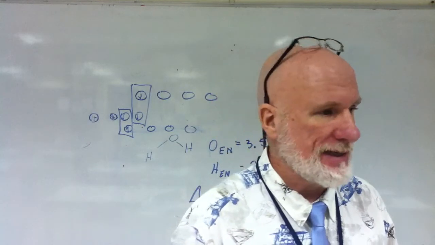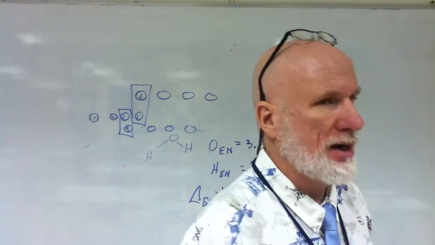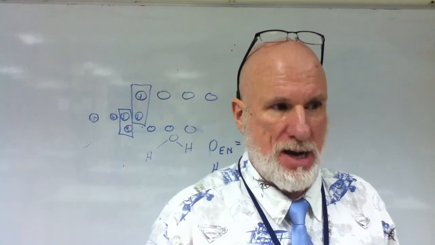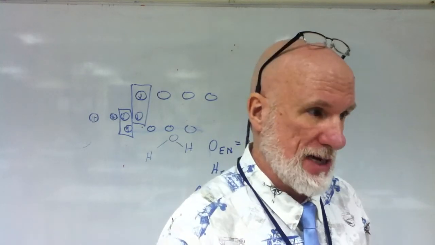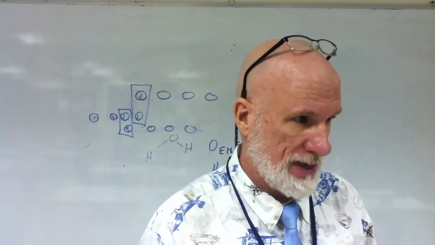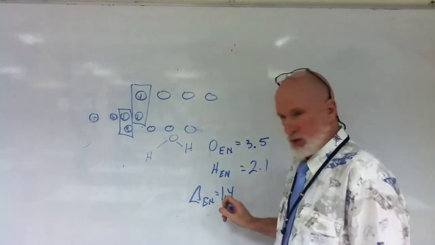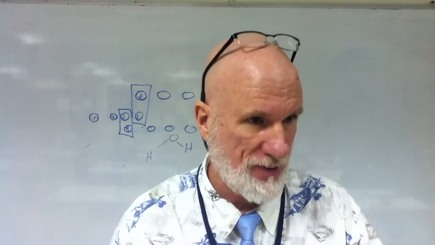Well, the point I'm trying to get to is you can determine whether a bond is covalent or ionic based upon your experience. For instance, you know that sodium chloride is ionic, correct? You know that water is covalent, correct? We know that water is 1.4. So anything 1.4 or less in terms of a difference is going to be covalent.